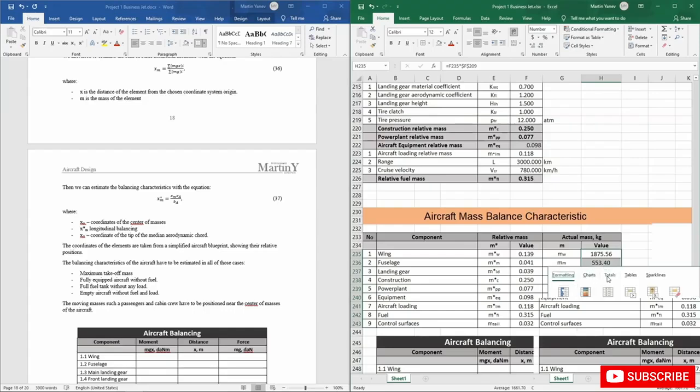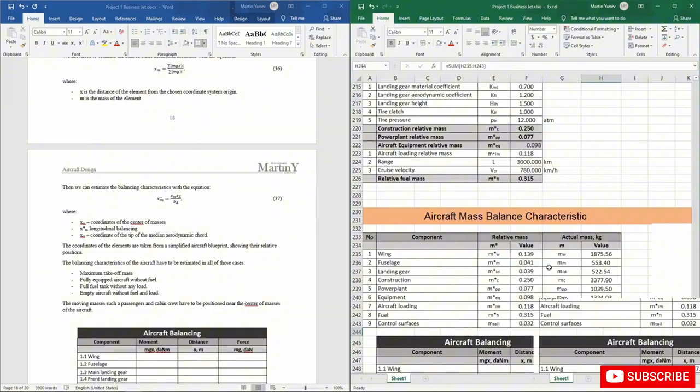So I will simply select totals, and then I will select sum. So now you can see when we sum all these fields here, we're getting, actually, I'm quite surprised, but we're getting just 45 kilograms less than the 15,000 kilograms that I mentioned earlier our aircraft will finally weigh.